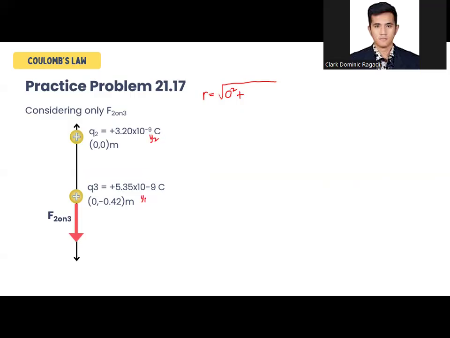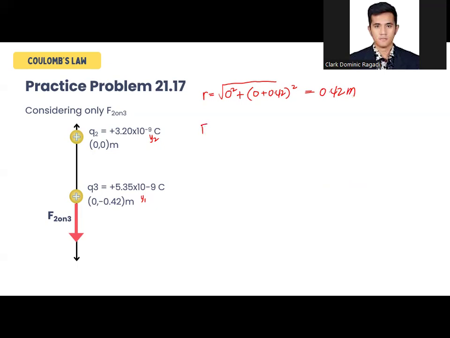So that becomes 0 minus negative 0.42, that becomes plus 0.42 squared. Actually, you can write it directly as 0.42 meters. Then we can proceed to calculating the magnitude of F2 on 3 using Coulomb's law.